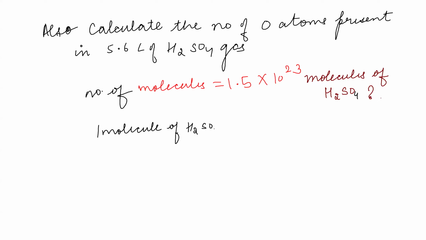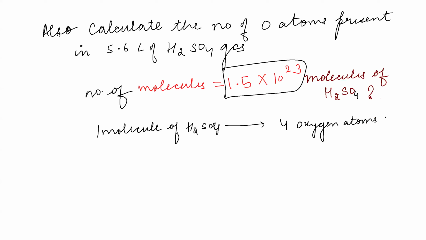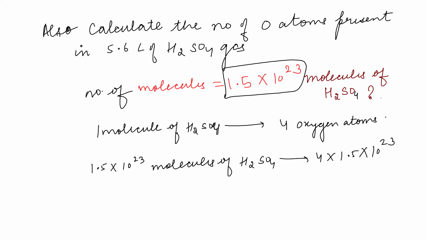So one molecule of H2SO4 will have 4 oxygen atoms. So 1.5 into 10 raised to power 23 molecules of H2SO4 will have 4 into 1.5 into 10 raised to 23, because one molecule has 4 oxygen atoms specifically.